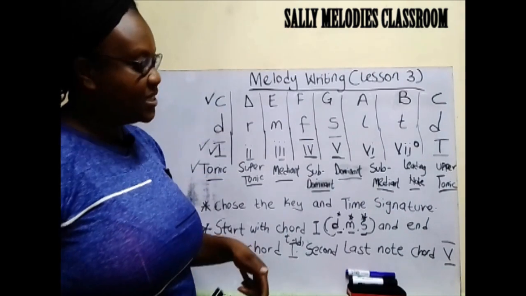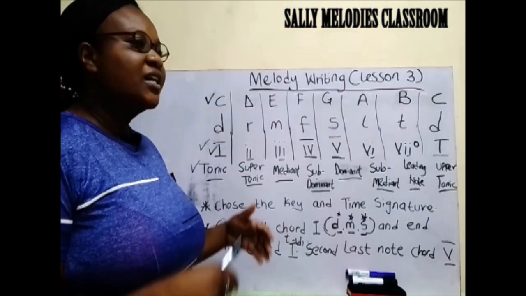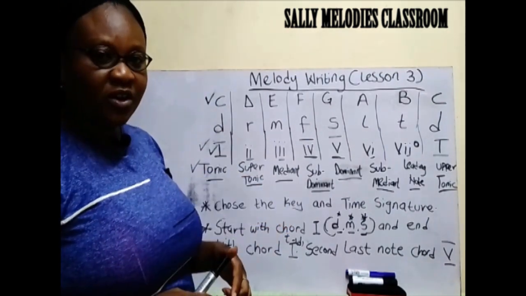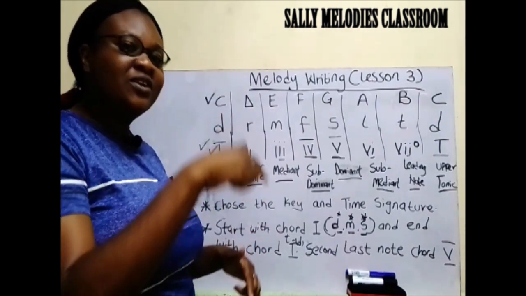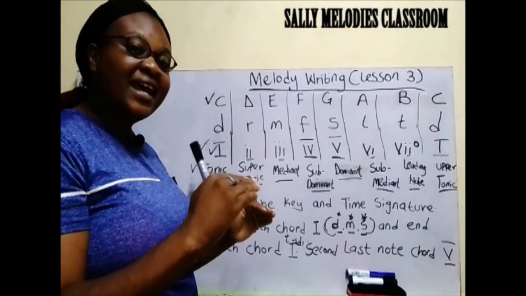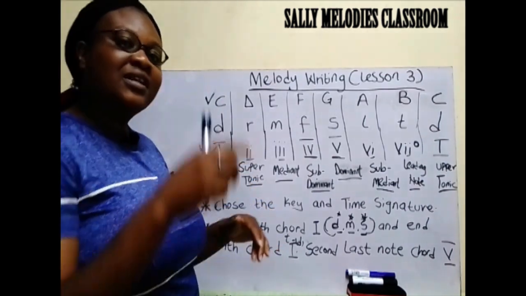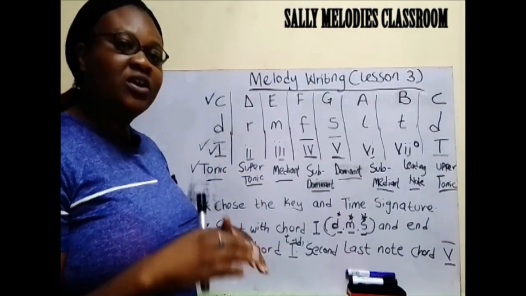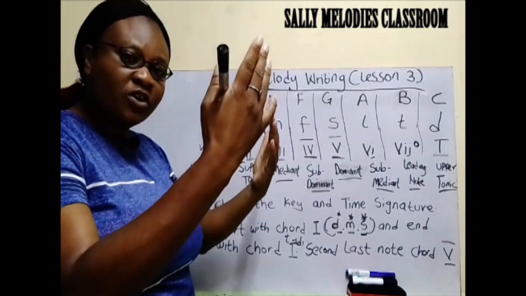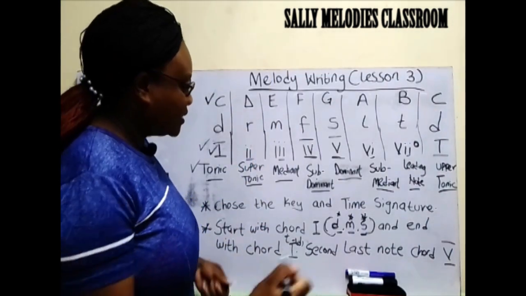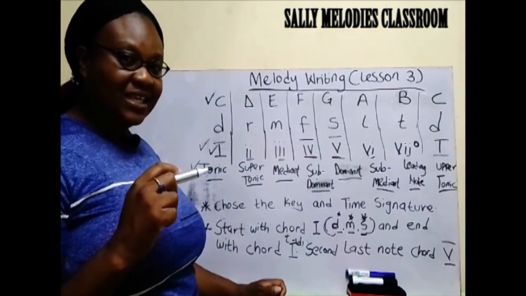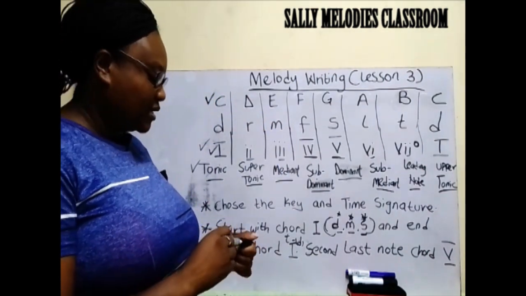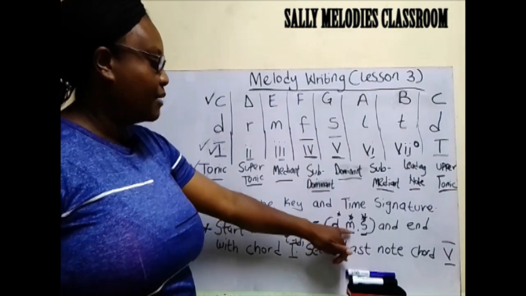And then at the end, it ends with ti do, or re do. We said that unless it is in minor key or minor chords, it either starts with a do, a mi, or a so.